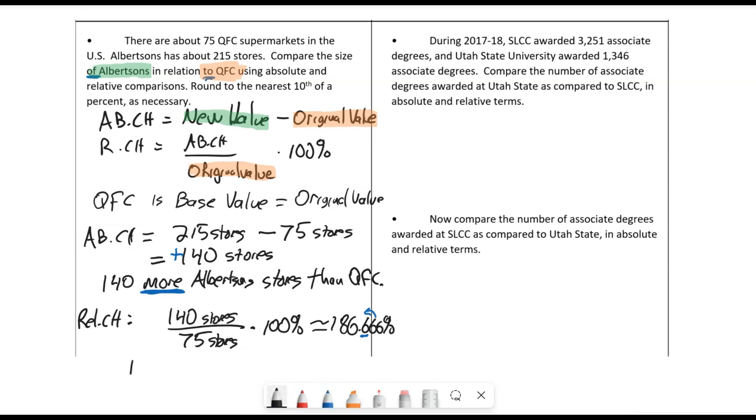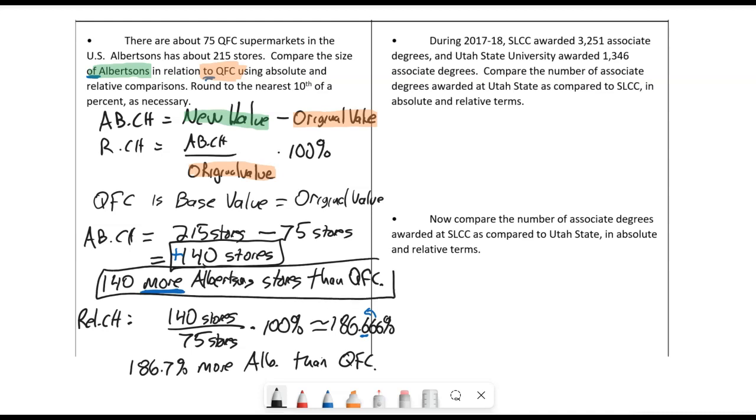And we have 186.7% more Albertsons than QFC. Again, we use the word more because this is a positive number, and we're comparing how many Albertsons to how many QFC. Okay. Story problem, story answer.